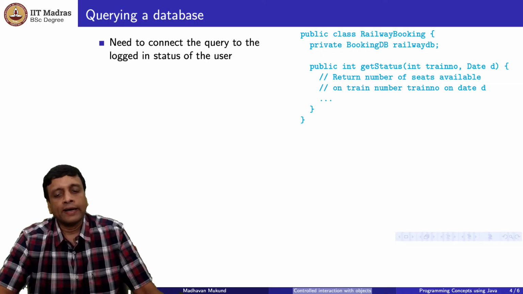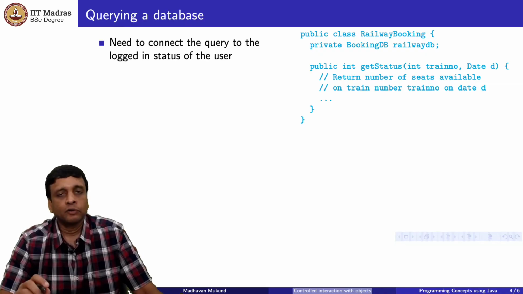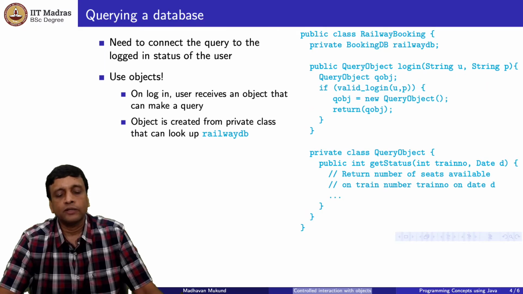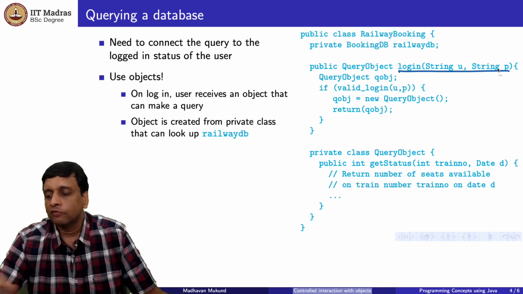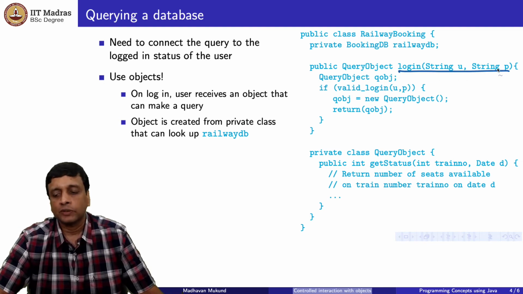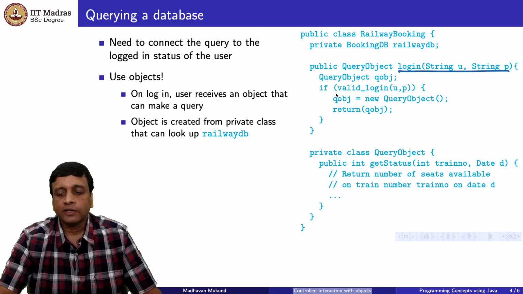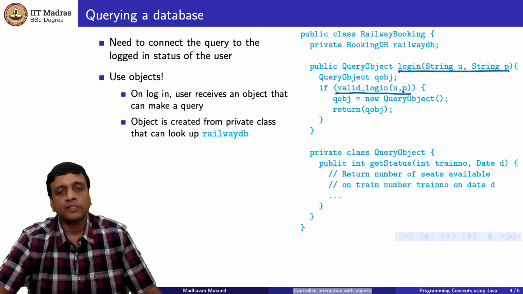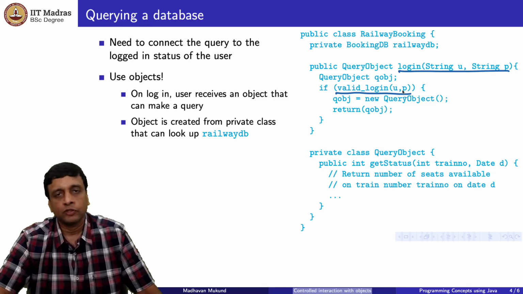So the question is how to connect the query that you want to make to the logged in status of the user. And as you would expect, the way to maintain any state information is to create an object. So what we will do is that when we log in, as before, by giving the username and the password, the first thing we do is check that this username and password is valid, using whatever criterion we have, a database of usernames and passwords.